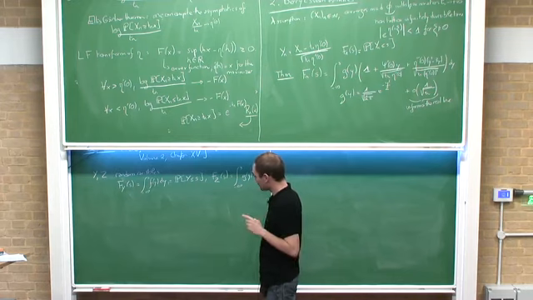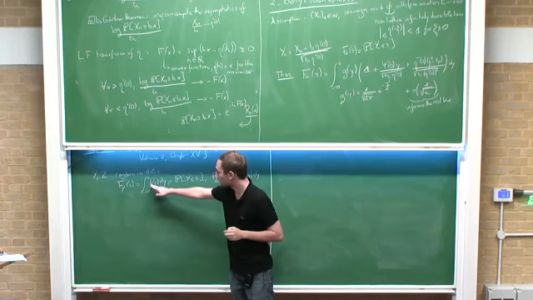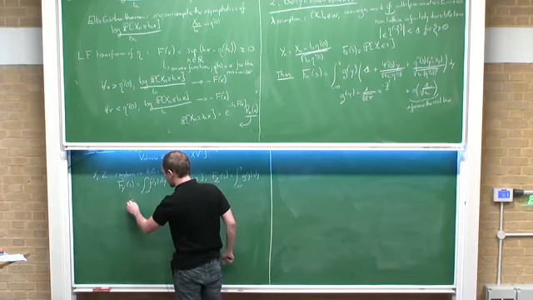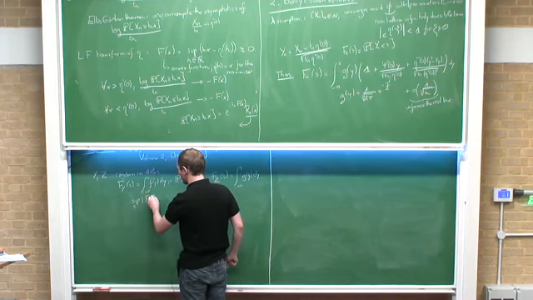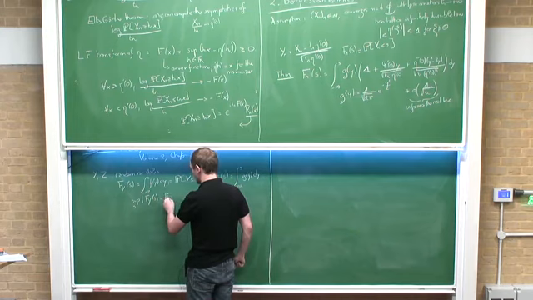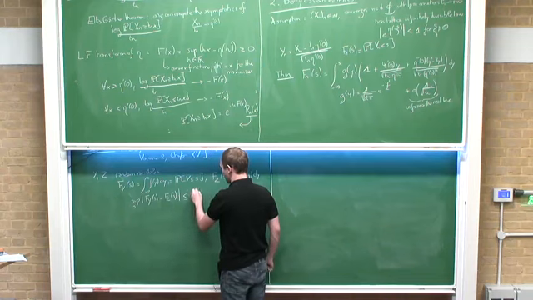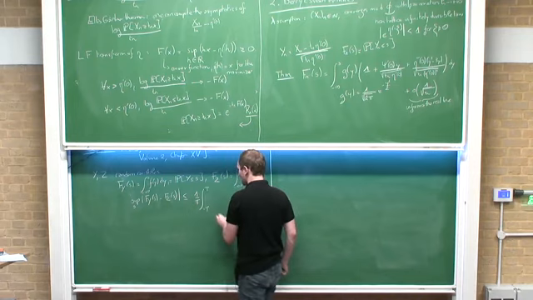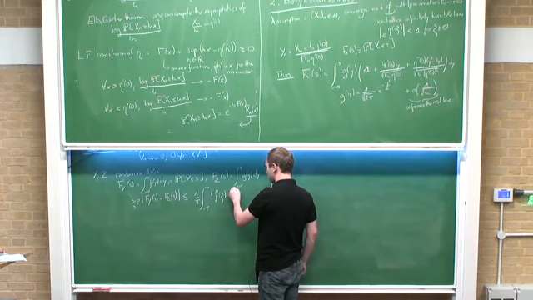Okay, so there is a way to compute the Kolmogorov distance between Y and Z in terms of the Fourier transform of f and g. So it's the following thing. The supremum over s of the difference between the cumulative distribution functions is smaller than some integral which involves the Fourier transform of f and of g.